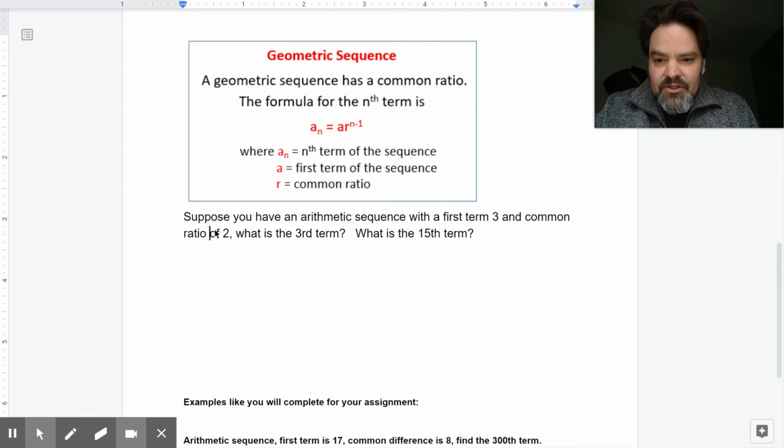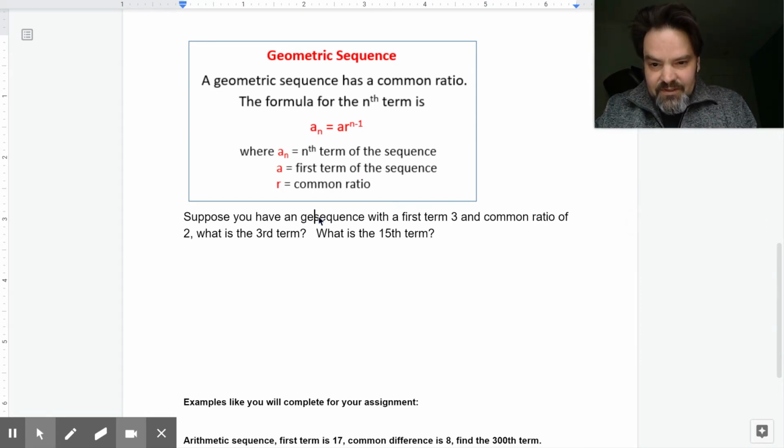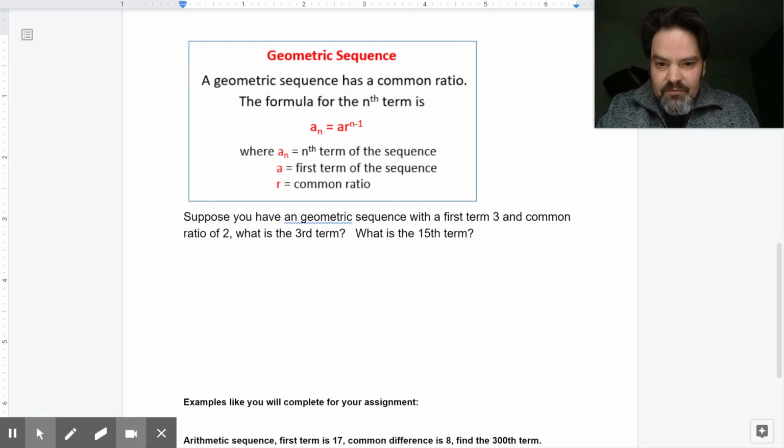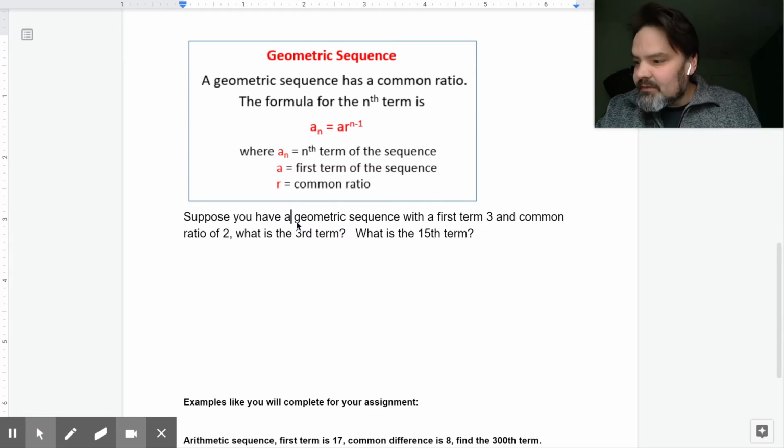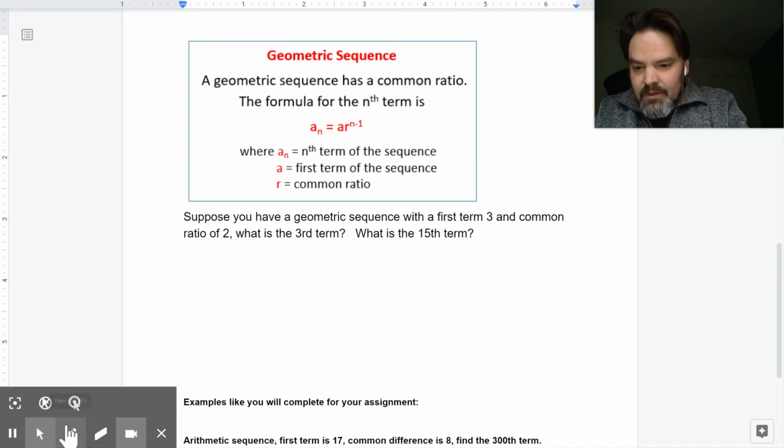We say common ratio when it comes to a geometric sequence, not a common difference. So a quick correction here. Geometric sequence with a first term of 3 and a common ratio of 2. The third term then would simply be, so I start with 3.